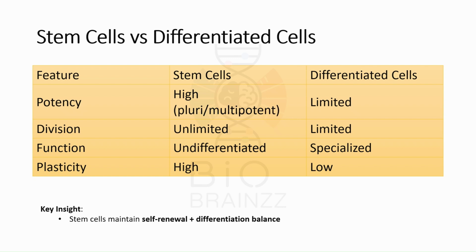Stem cells are undifferentiated and have plasticity, while differentiated cells are specialized and have less flexibility. The key idea is that stem cells maintain a balance between self-renewal and differentiation.